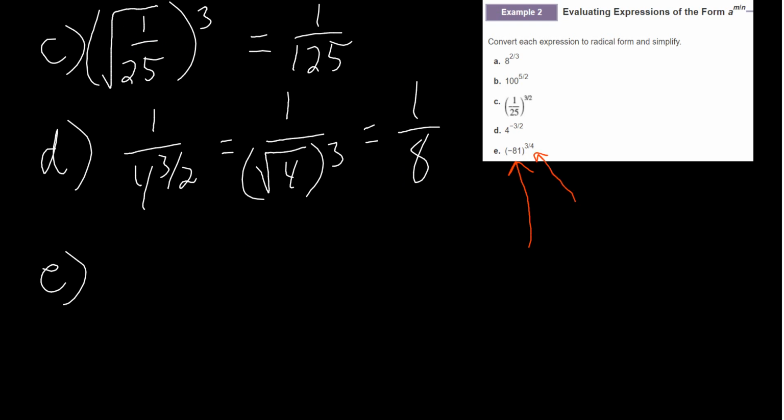The denominator there is an even number, so it's going to be an even radical, and I cannot take an even root of a negative number. So my solution here is no real number.